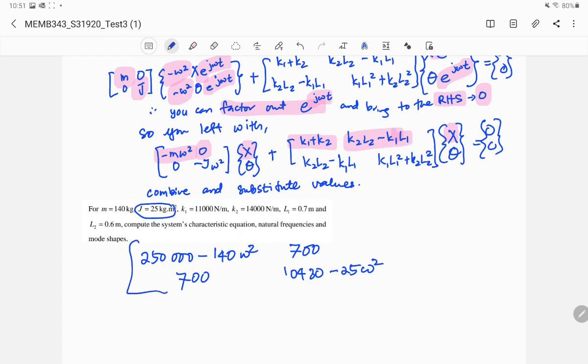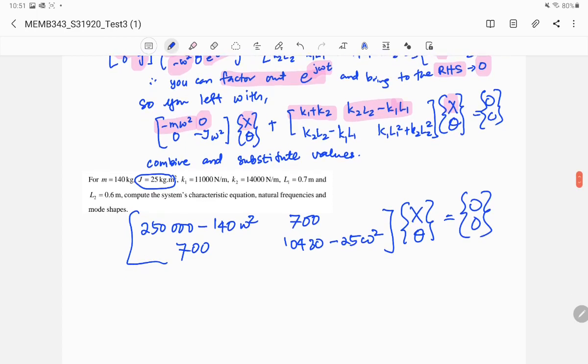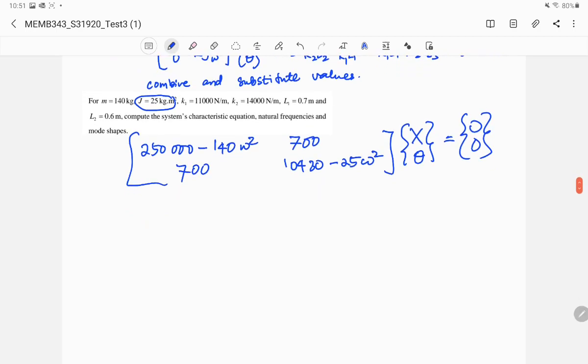After we combine both terms, everything is in terms of capital X and capital theta now. If you remember the steps, once you get it in this form, you can get the characteristic equation where you apply the determinant.